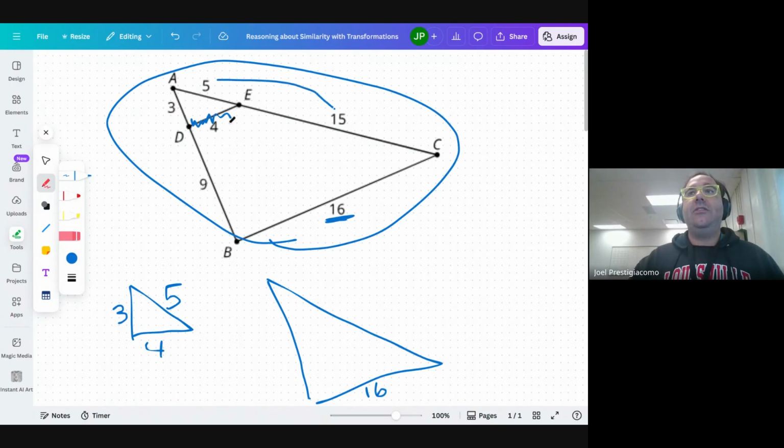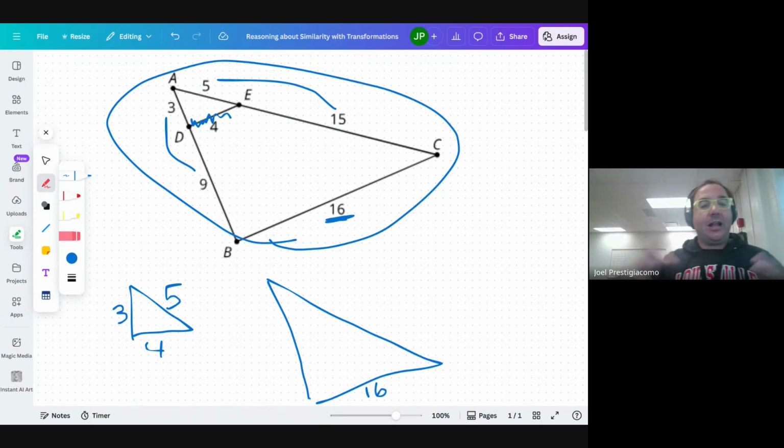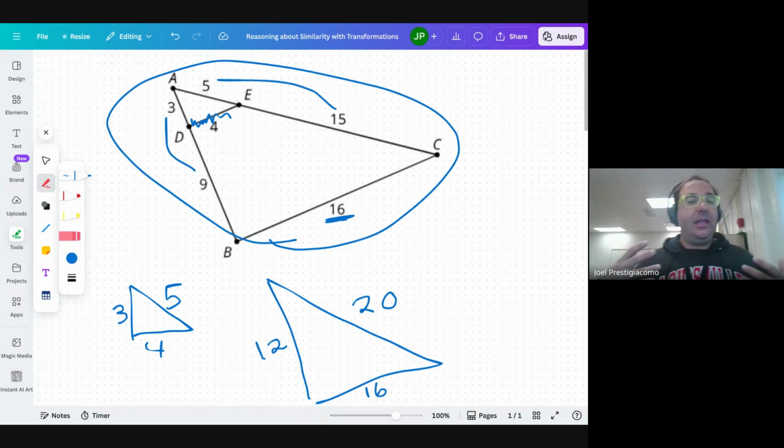The sides, we need to combine the lengths of the other shape with that trapezoid shape to make the bigger triangle. So 3 and 9 make 12, 5 and 15 make 20. And this is a way for us to see the similarity between the two figures.